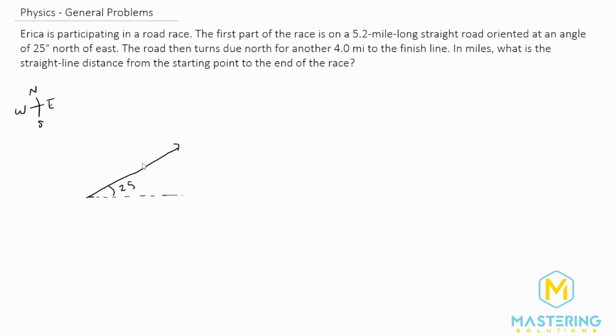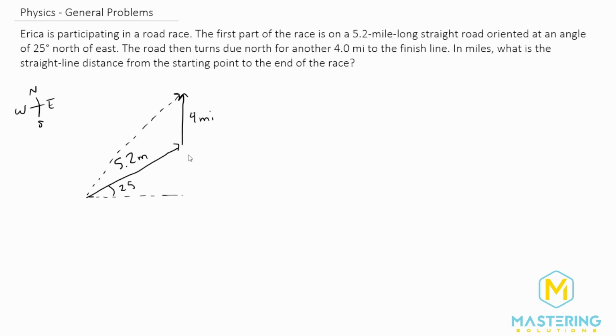And that was 5.2 miles. Then they say that she went due north for another 4 miles. So we have 4 miles. And in miles, what is the straight line distance from the start to the end, as we talked about? So that's here up to right here.